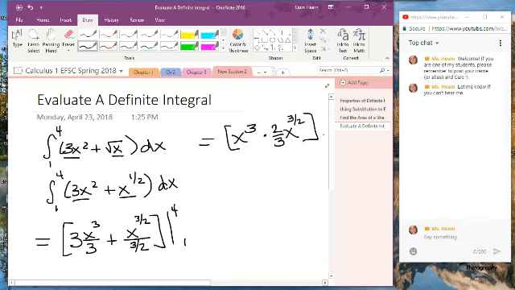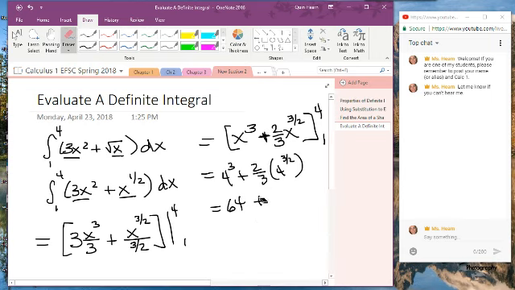And we're evaluating that from 1 to 4. So plug in your upper bound. Oops, that's supposed to be a plus, not a times. Plugging in your upper bound, you're going to have 4 cubed plus 2/3 times 4 to the 3/2 power. And let's see, 4 cubed is going to be 64. Oh, you know what?